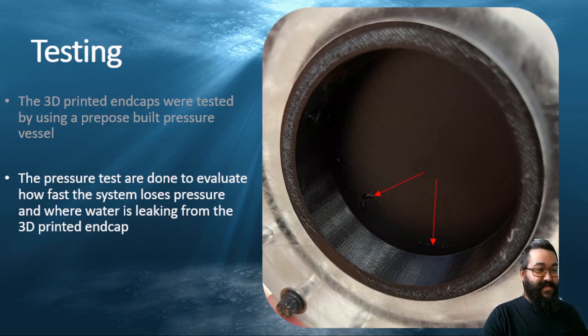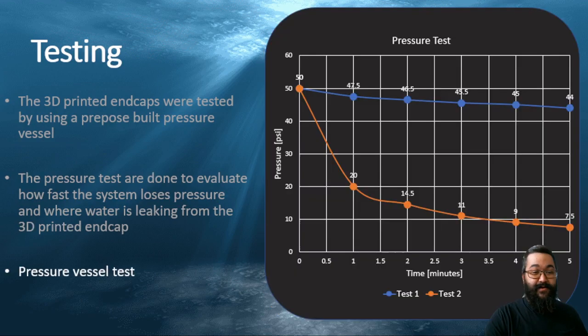Once these tests were done with the pressure vessel, they were recorded and put into a graph so we can see the decay of the system and how it's losing pressure. The blue test here is the best end cap that I had, that held a vacuum for over 3 hours. The orange, test 2, is the end cap that was the worst for the vacuum, to give a really good comparison.